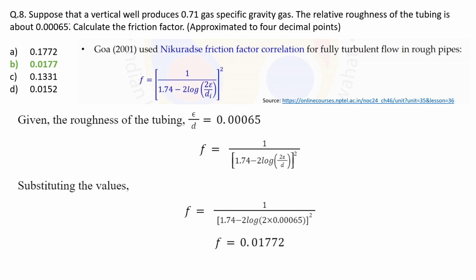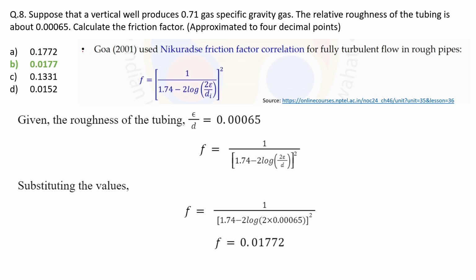So the equation we can use is the Gou and Ghalambor friction factor correlation for fully turbulent flow in rough pipes. If we go for laminar, then roughness doesn't play any role. But when roughness starts to play a role, we move towards turbulent flow and use the equations which are used for turbulent flow.